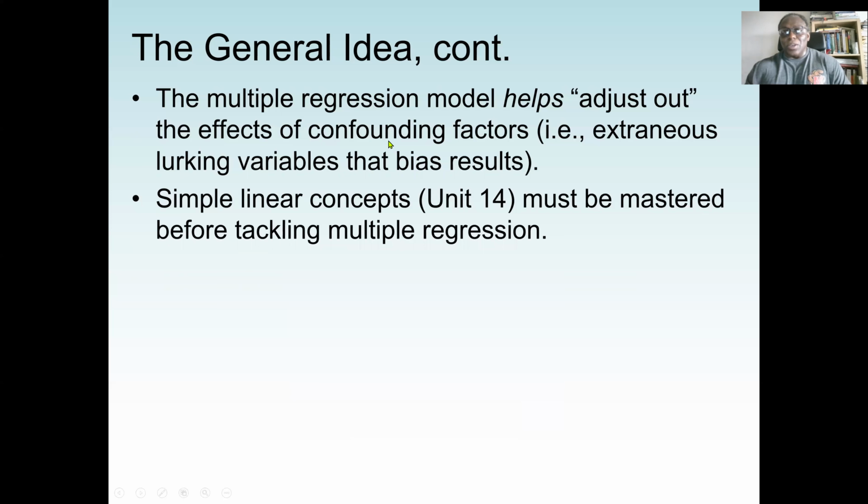A very simple example of a confounding factor is, let's say in Florida during the summertime, shark attacks increase. There's a high shark attack rate. At the same time, ice cream sales also increase in the summertime. So here we can see that there's a relationship between sales of ice cream and shark attacks during the summer in Florida.